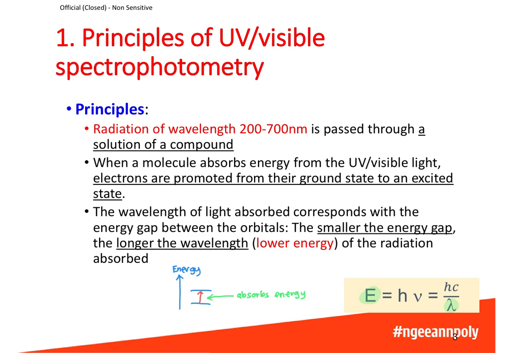So back to our energy diagram with the orbitals. If the energy gap between the orbitals is low, it means that the energy of light that is required is lower, and that means we will have a longer wavelength of light that is absorbed by the molecule.